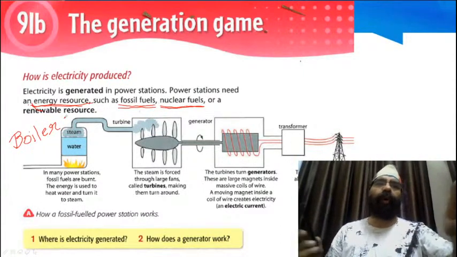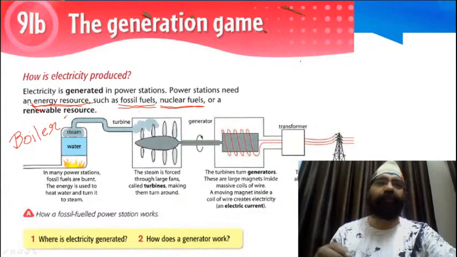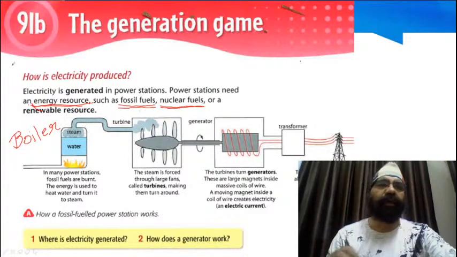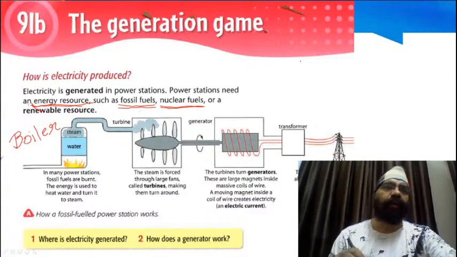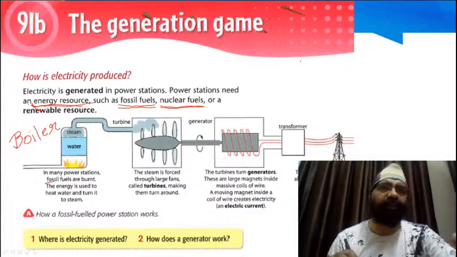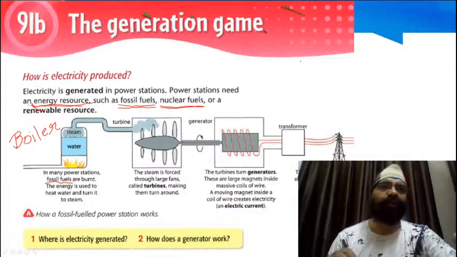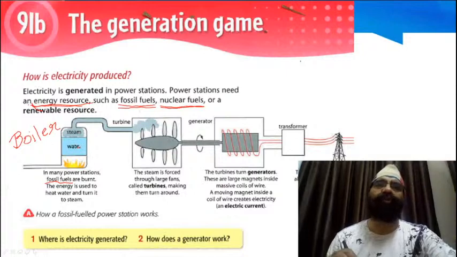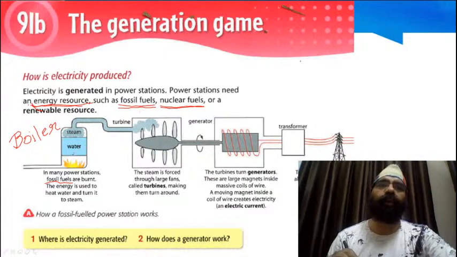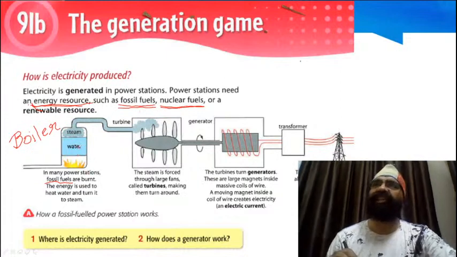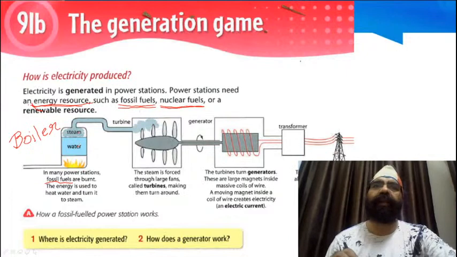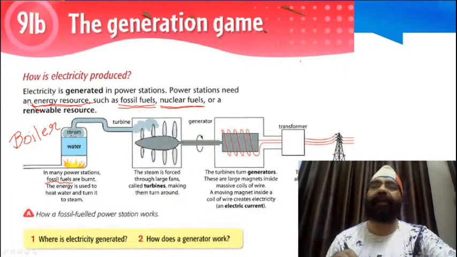So in the boiler, I am using fossil fuels to heat up the water. Fossil fuels are burnt and then they supply the energy to water. If energy goes to the water molecules, they start moving with greater energy, more randomly, and they change state from a liquid state into a gaseous state, like you have said, and they turn into steam.